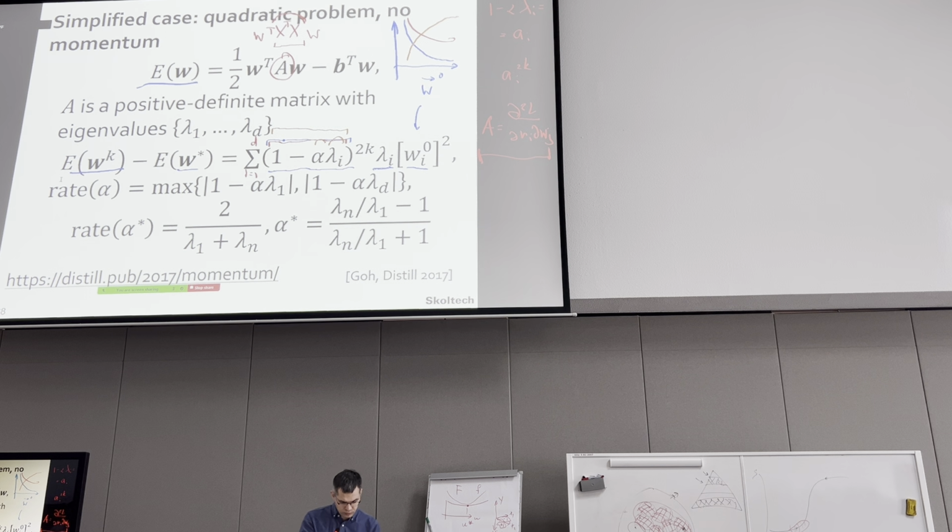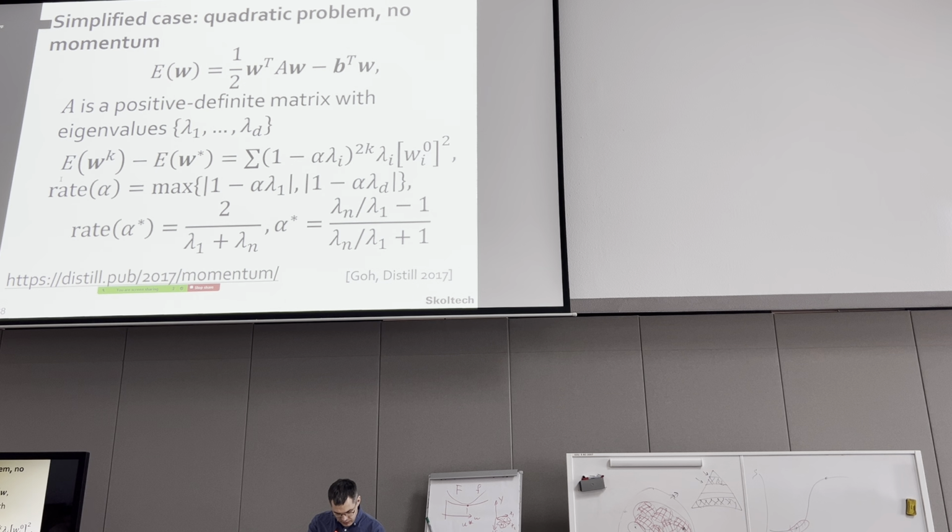Because it leads to the fastest possible decrease of this term. And in this way, we have only one parameter to affect this speed of convergence. We can vary only the learning rate alpha here.